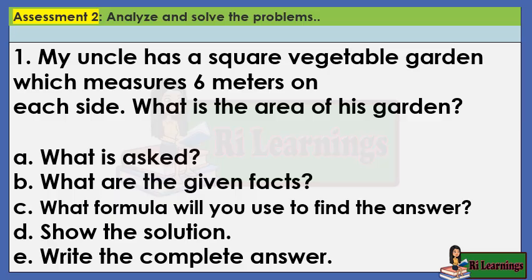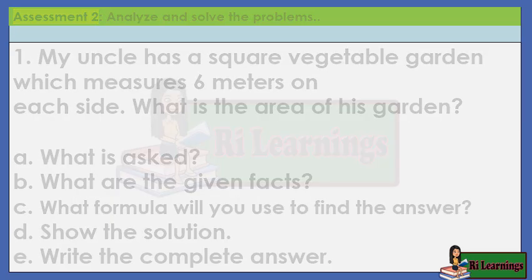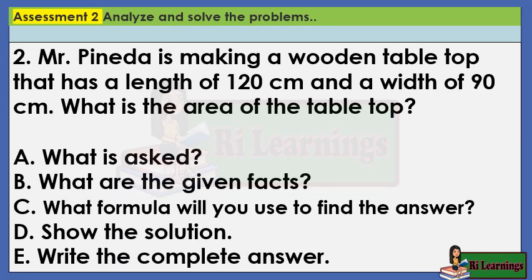1. My uncle has a square vegetable garden which measures 6 meters on each side. What is the area of his garden? 2. Mr. Pineda is making a wooden tabletop that has a length of 120 centimeters and a width of 90 centimeters.